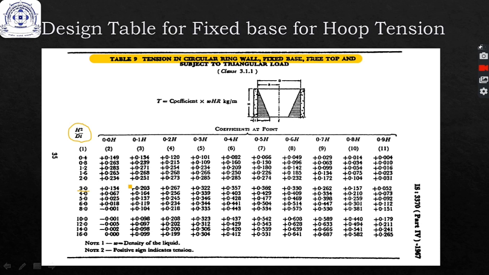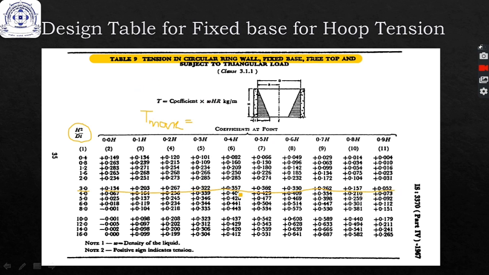Now, as it is clear to you, we are trying to determine the maximum value of hoop tension. So obviously, the maximum value of coefficient will give you the maximum value of T. In this row, you have to identify the maximum value of coefficient, and from that value we can find the maximum hoop tension.